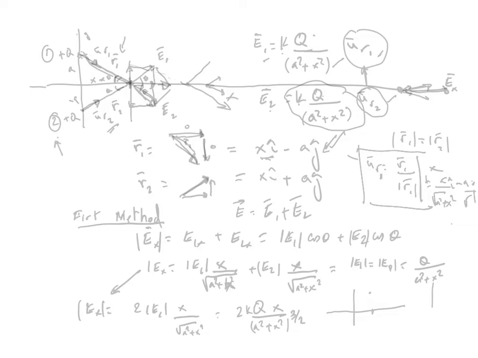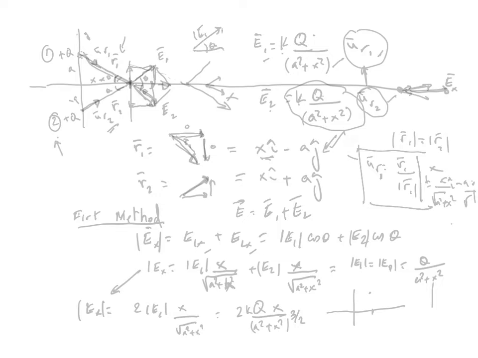So the magnitude of Ex is E1x plus E2x, the x components. So what is the x component of E1? Well, you project on the x-axis the magnitude of E1. So this is E1, this is theta.